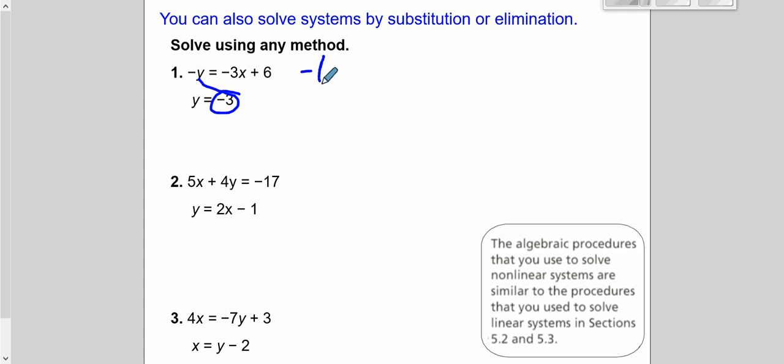So negative, take out the y, equals -3x plus 6. Put in the -3. Now we have just an x and we can solve.